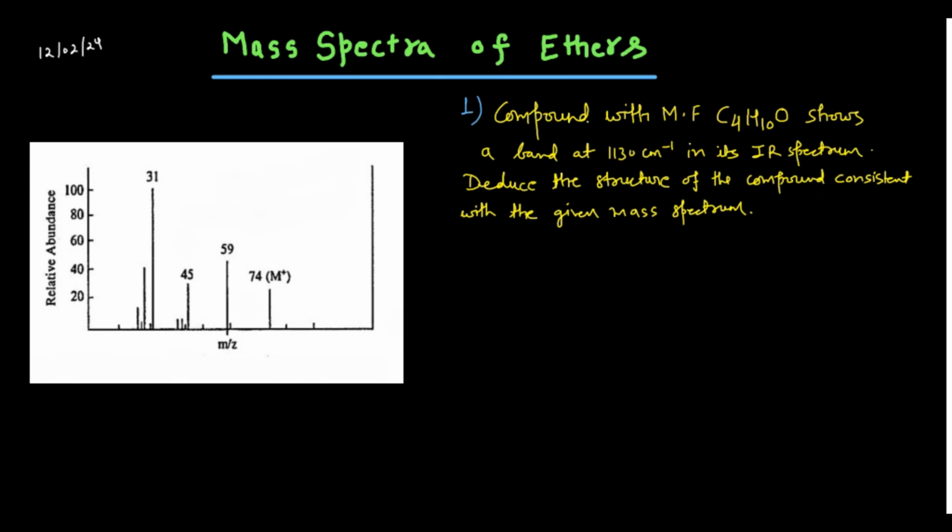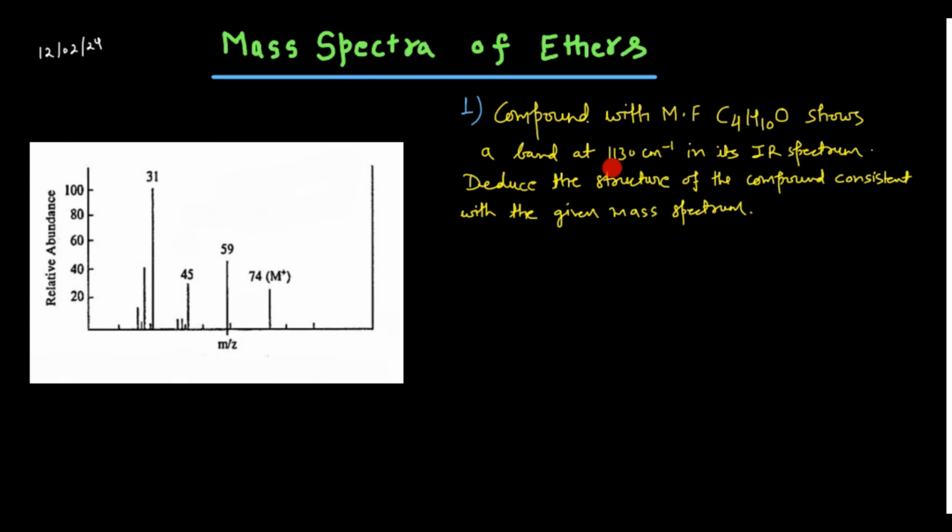For the time being you can forget about the heading which I have written over there and only think about this particular question, right? Whenever an IR spectrum is given for any compound, you may have a fair idea about the functional group present in the compound.